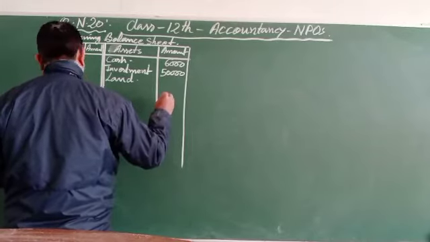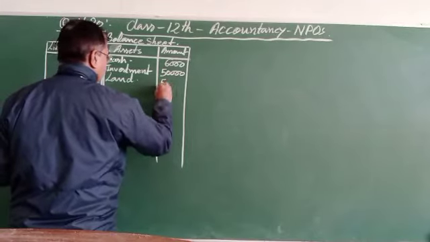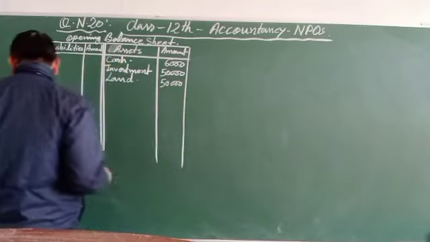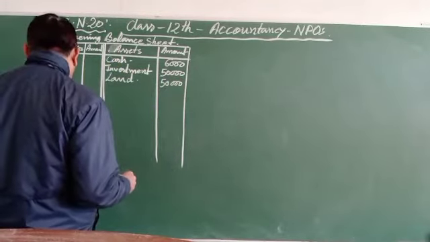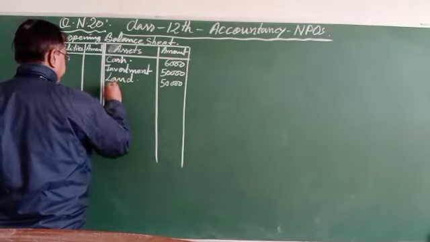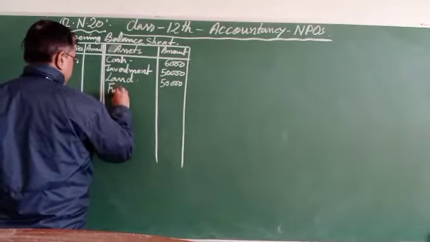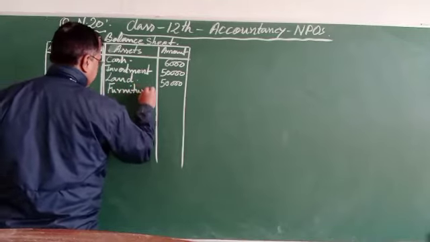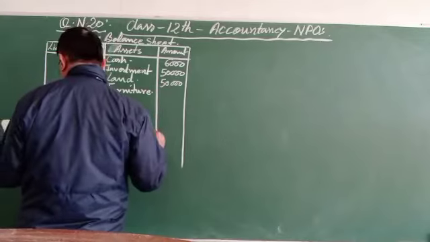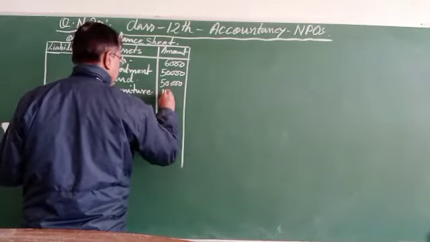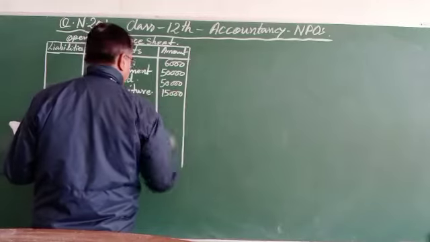The value of land is also 50,000, and the value of furniture is also given, that is 15,000.